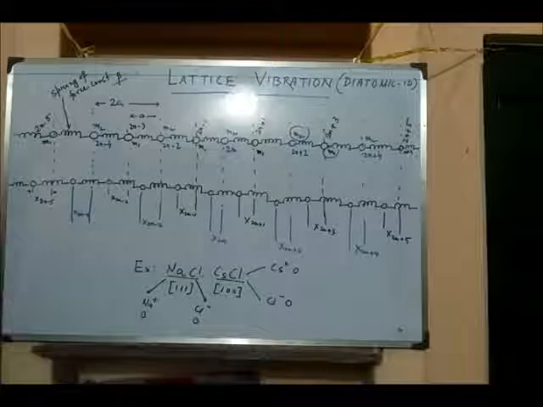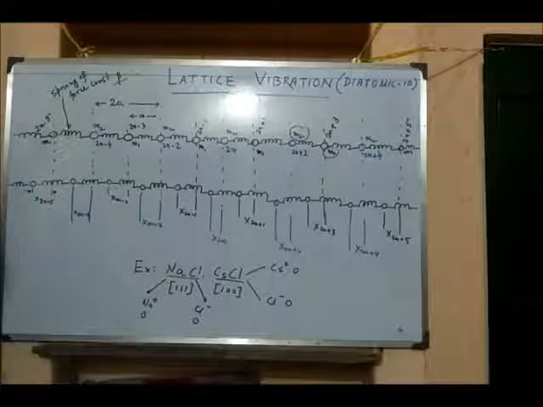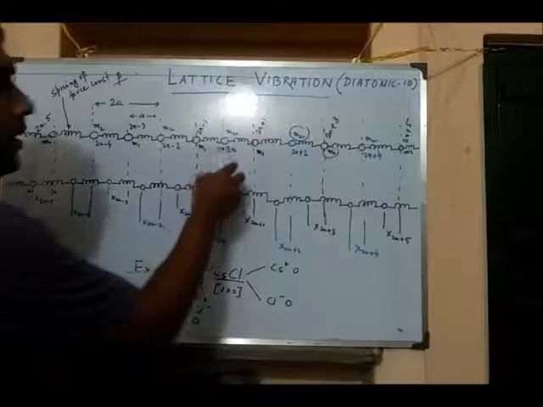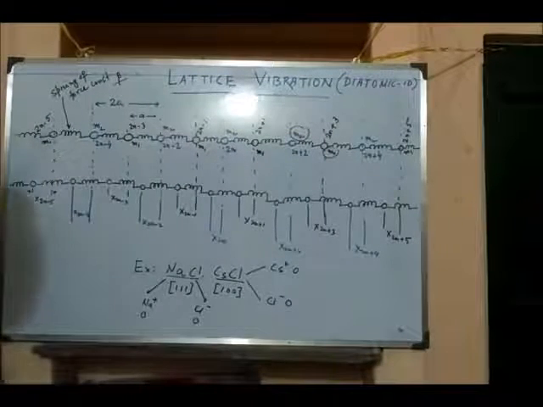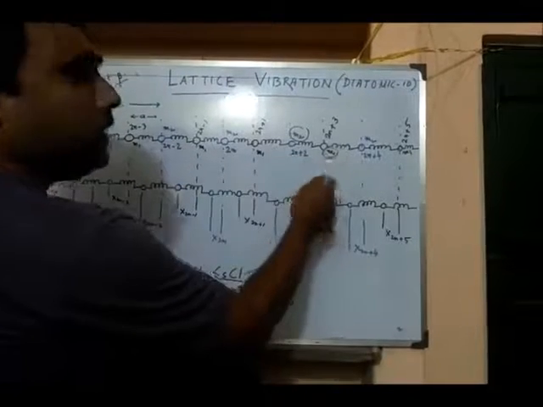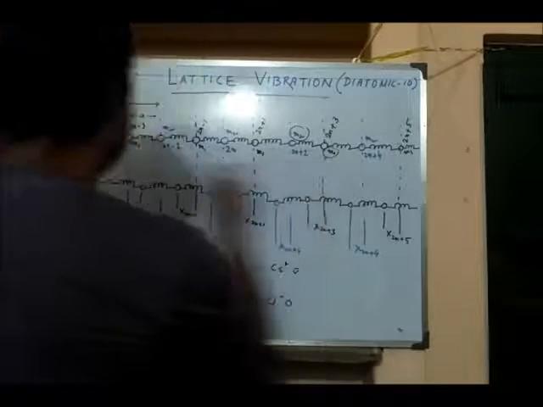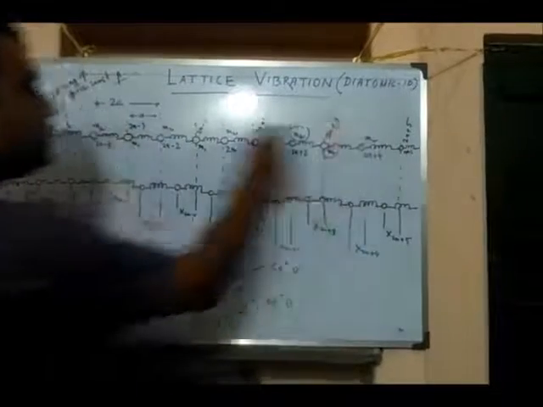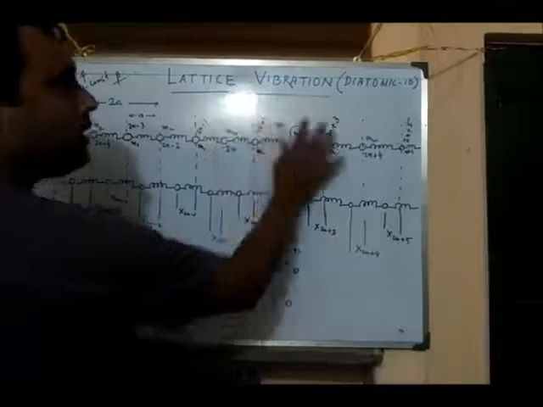Now, what happens when vibrations arise in this situation is that those mass points, M1 and M2, vibrate about their mean position. So this first position, which I represent here, is the equilibrium position where no vibration is present.